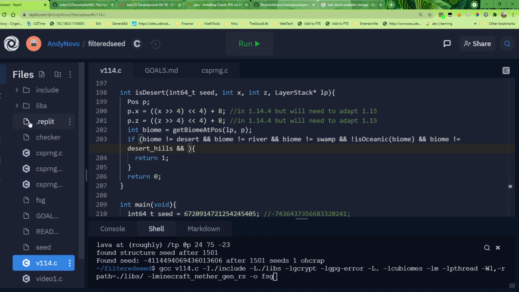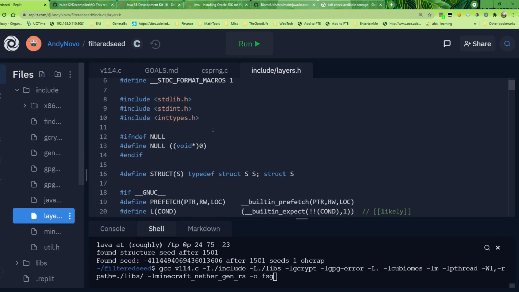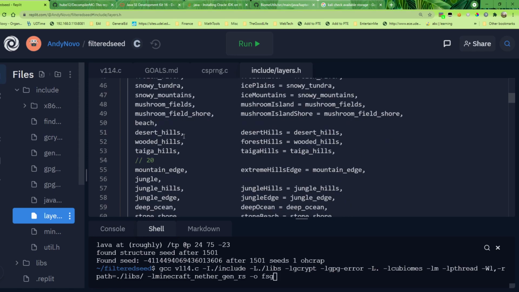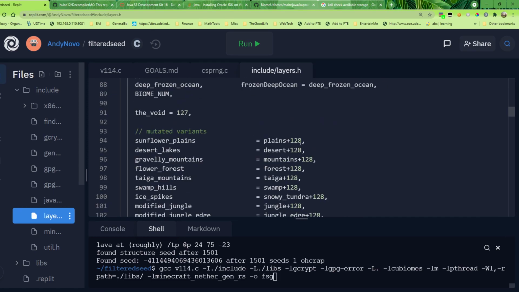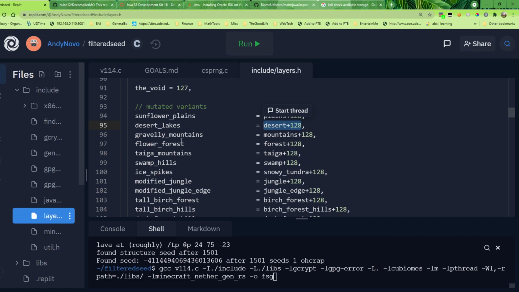I don't know. I will say this. So you know, getting to know Q biomes. If I take a look at this, they've got desert, and then they have this very pleasant trait of adding 128 to the baseline one. So desert lakes, swamp hills.